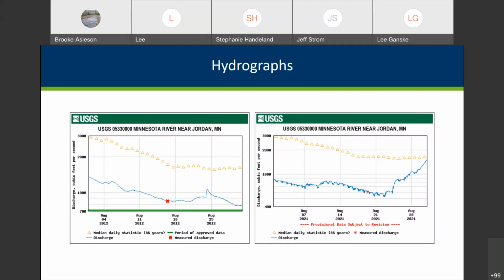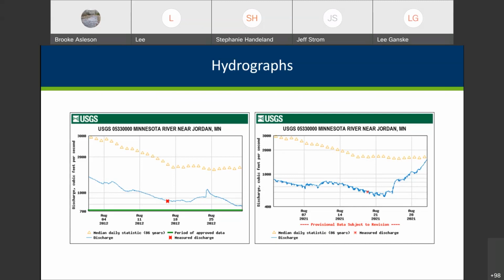And I took the hydrographs from the river at Jordan. The left hydrograph, you can see the date is 2012, and the one on the right is 2021. And you can just see the difference in flow pattern, right? This just reiterates that the lowest flow we saw was 800 something CFS in 2012, whereas in 2021 it was much lower for the duration of the deployment.